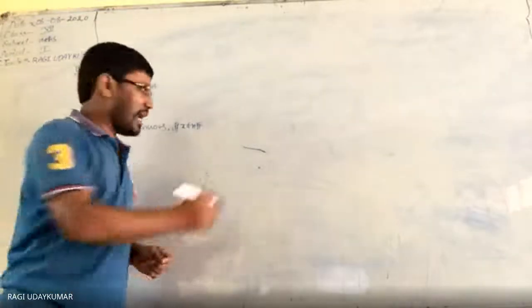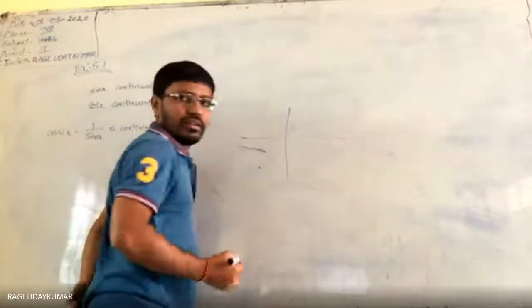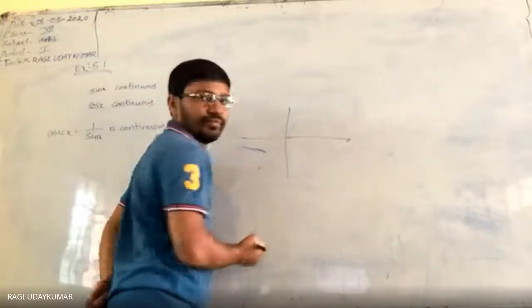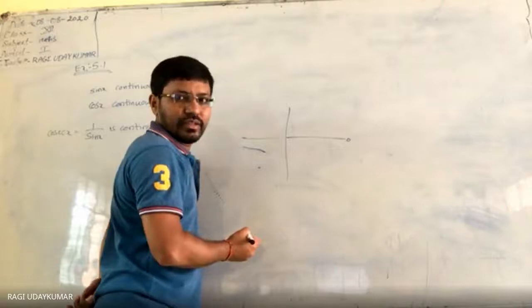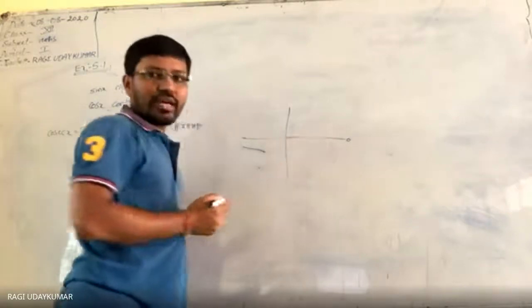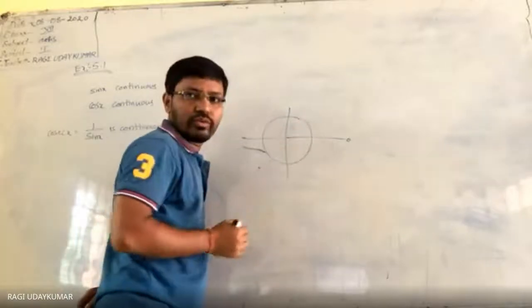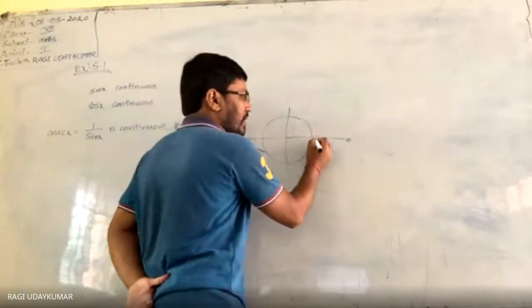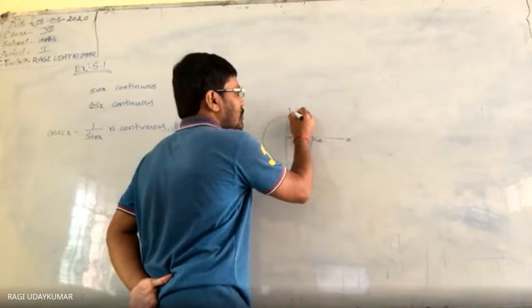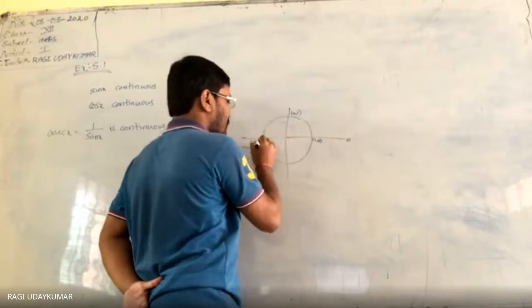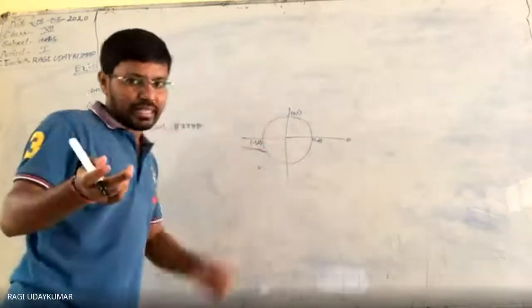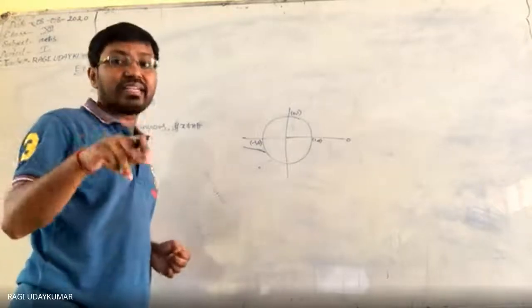n pi is nothing but, you know, sin 0 is 0. If you take the circular coordinate system, here 1 comma 0, here 0 comma 1, here minus 1 comma 0, the y coordinate represents sine.